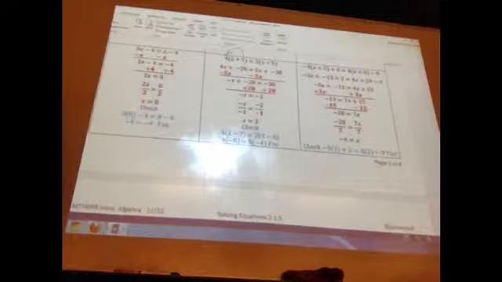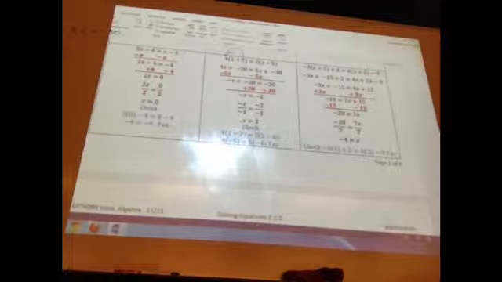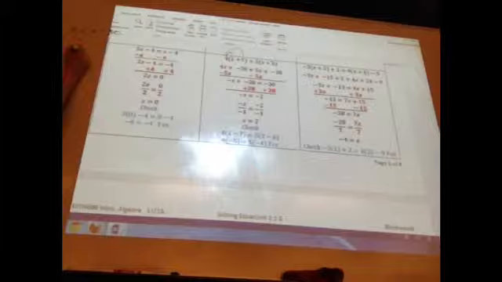I could have taken this equation when I had 4x plus negative 28 equals 5x plus negative 30, and I could have said I got more of these than that, so I'm going to put my x's on the right. I'd get the same result. I'll subtract the 4x from both sides. We'll end up with a negative 28 equals 1x plus negative 30.